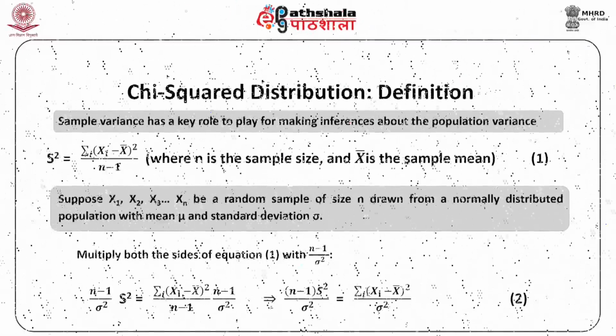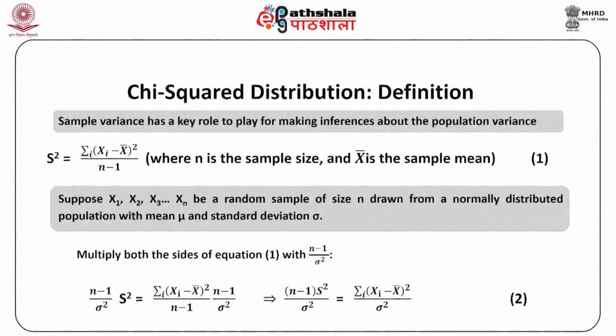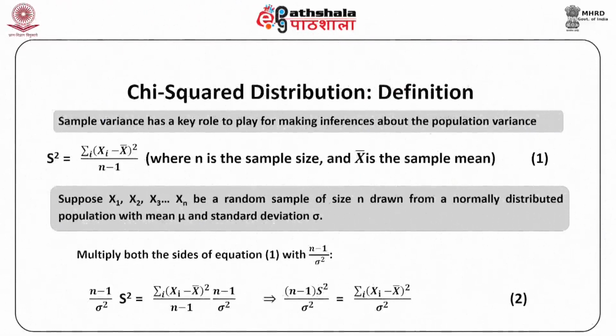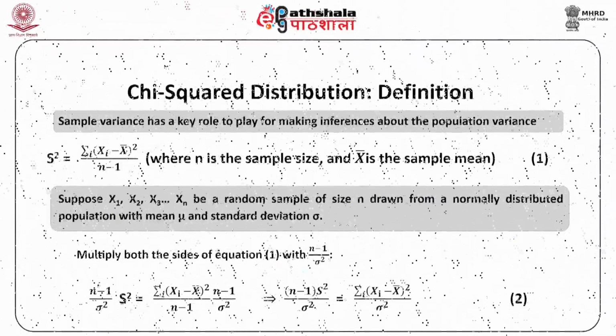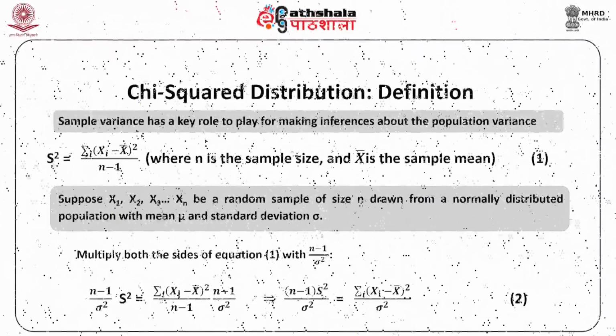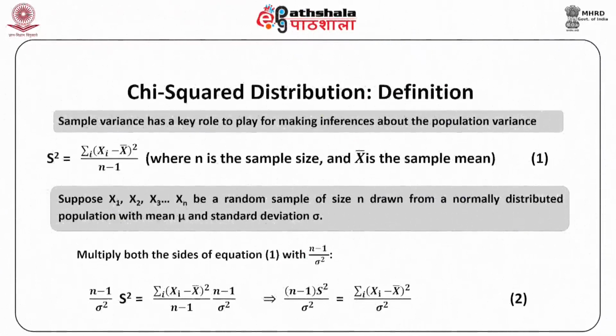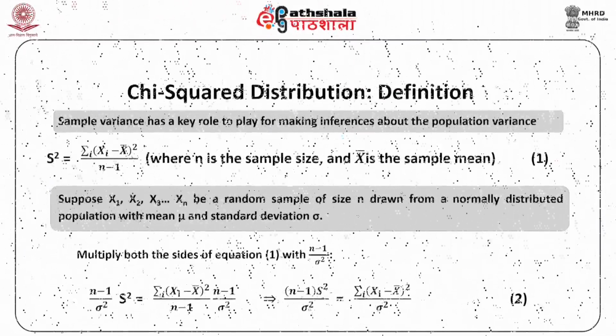If you recall, it is defined by the formula S squared equals the sum over i of (xi minus x bar) squared divided by n minus 1, where small n is the sample size and x bar in this formula is the sample mean. Let this S squared formula be denoted as equation 1.